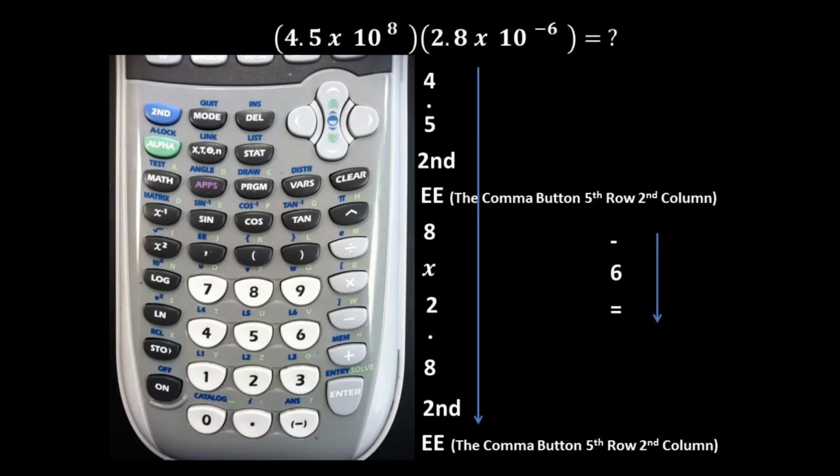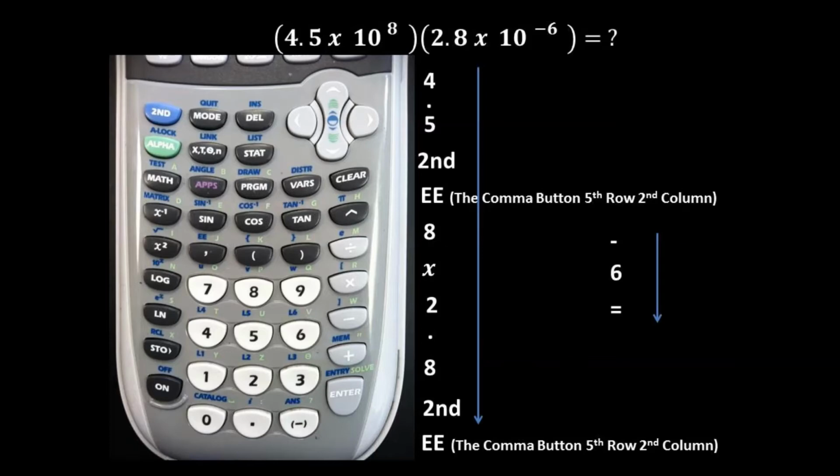So what you do with that is get your graphing calculator and plug in the following. You simply go 4.5, you hit the blue second button, and then EE, which is the comma button, fifth row, second column, and then you hit 8, and then you hit times 2.8, second, EE, negative, because you're making the 6 negative, so you hit the negative first.